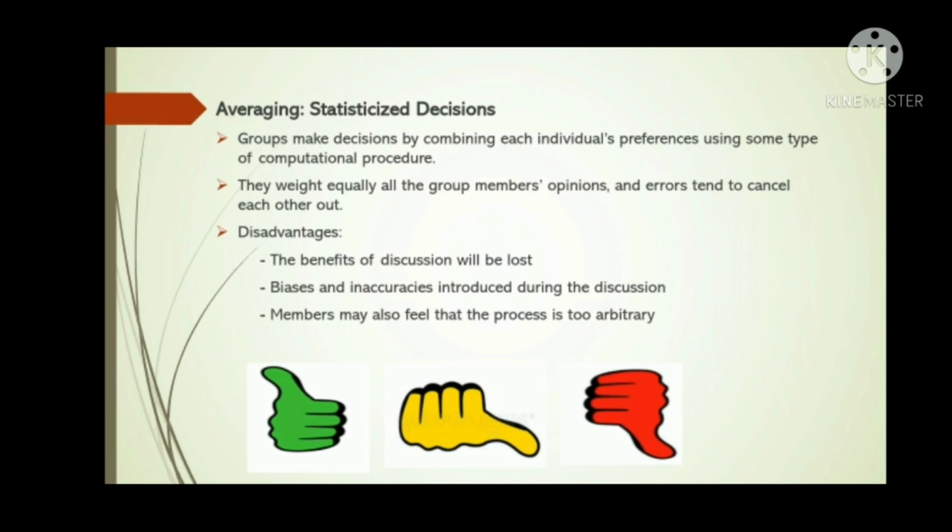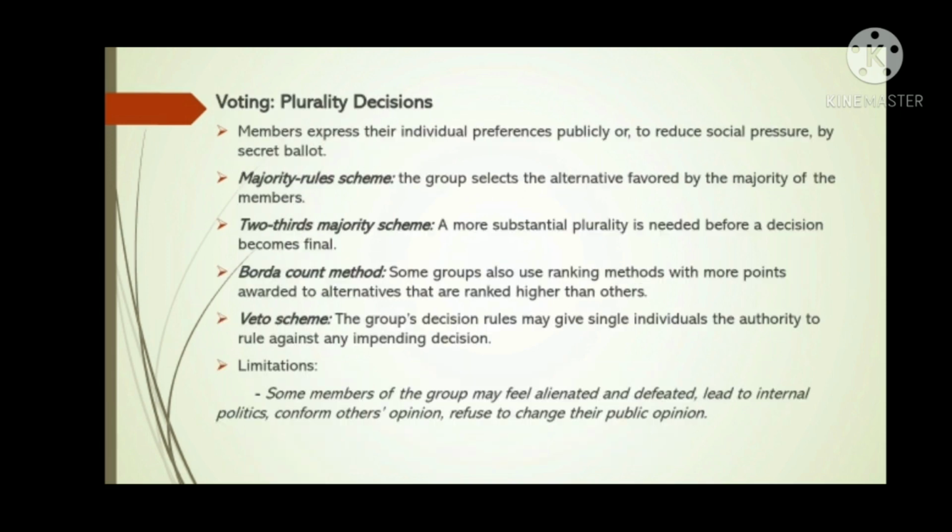If the group just averages without discussion, then the benefits of discussion will be lost. If, however, the group averages after a discussion, biases and inaccuracies introduced during the discussion may skew the group's conclusions. Members may also feel that the process is too arbitrary and so feel little responsibility for implementing this decision.